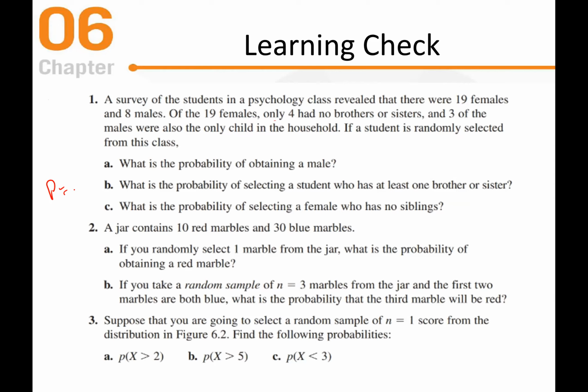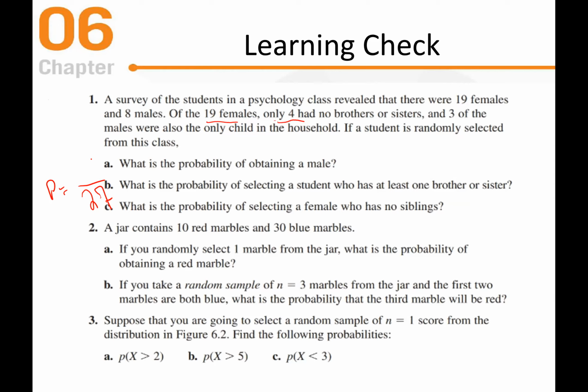Going to 1C, what is the probability of selecting a female who has no siblings? The total number of possible outcomes hasn't changed. There are 27 students. There are 19 females, and only 4 of them had no brothers or sisters.